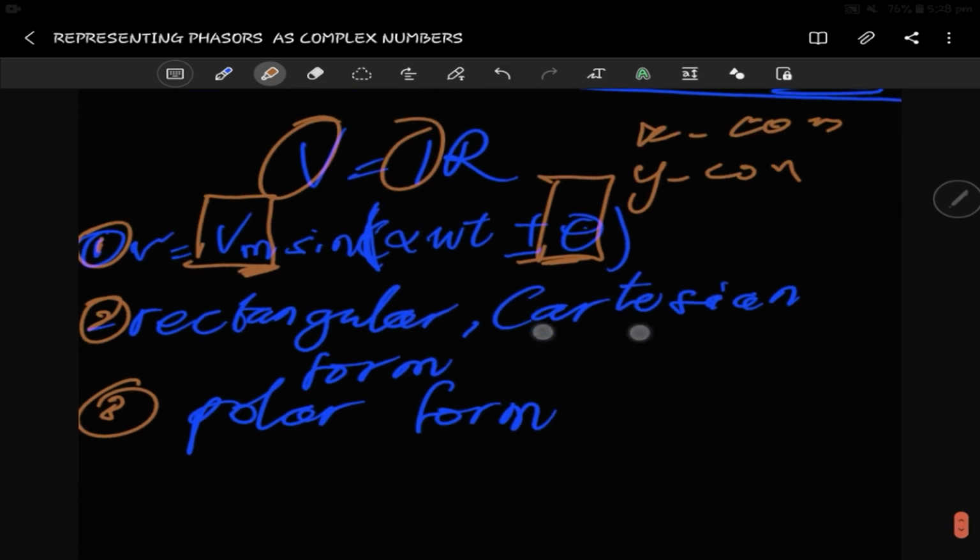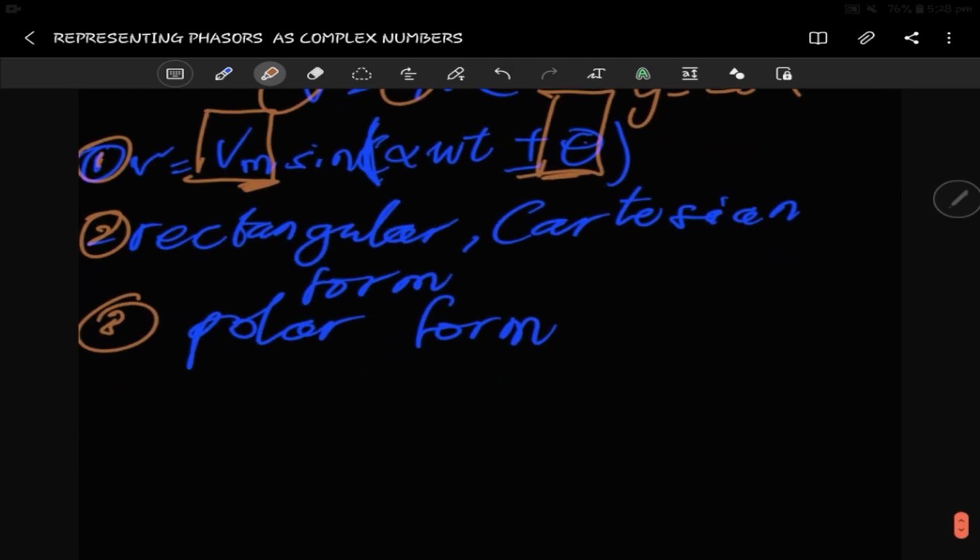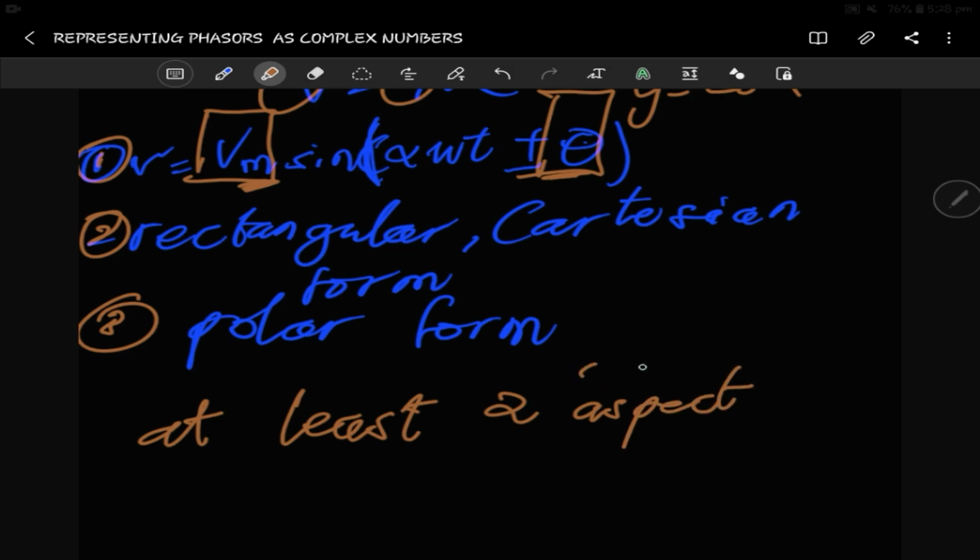All right, so that's very clear. So you need at least two aspects, I'm going to put that in quotes, two aspects needed to describe a phasor.